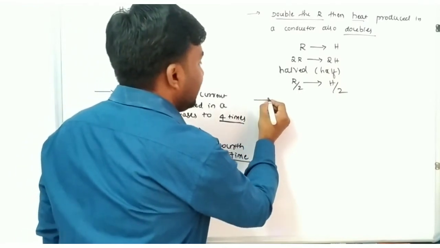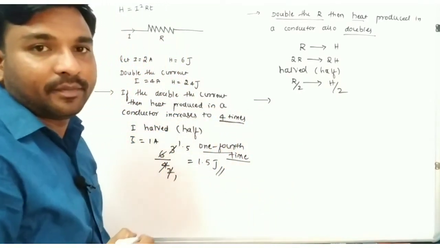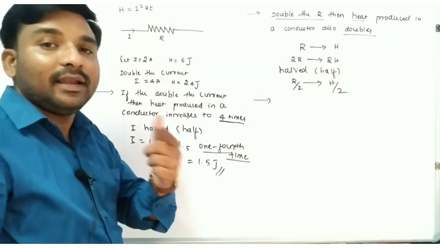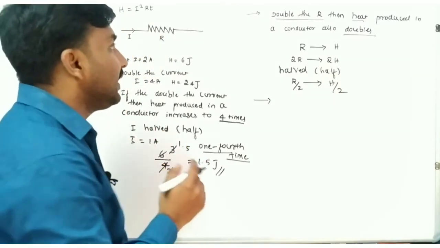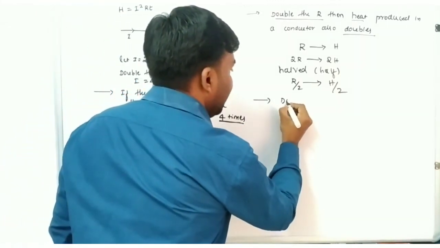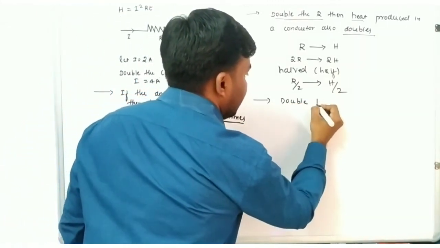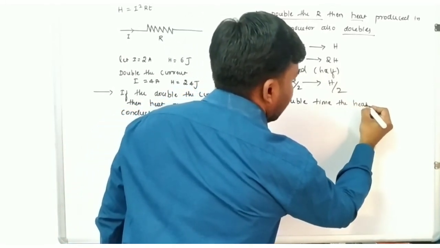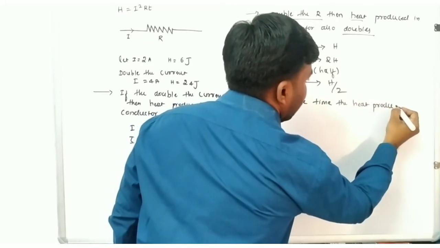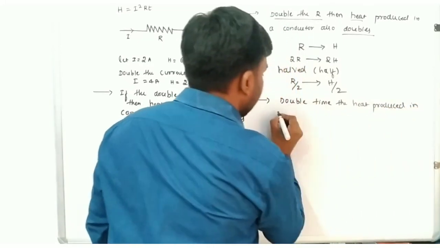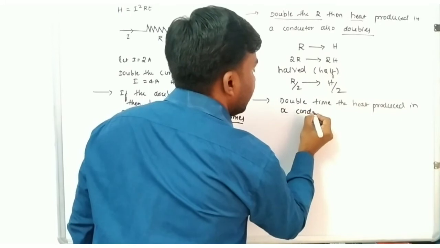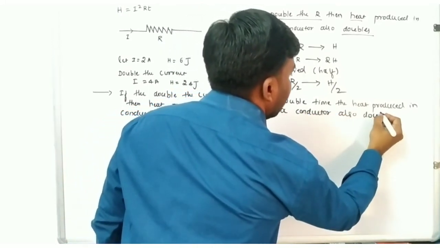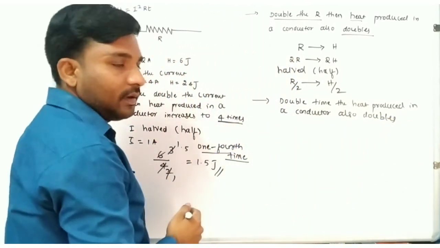And the third one is time. Time and the heat produced in a conductor are directly proportional to one another. So here also, when we double the time, the heat produced in a conductor also doubles, right?